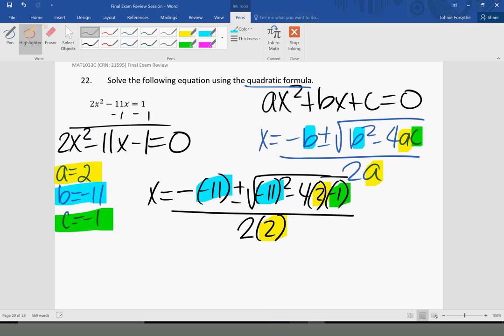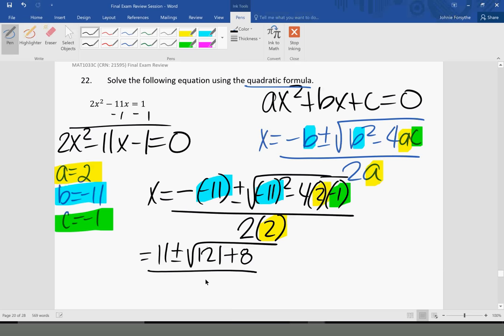Here we go. So now let's simplify this. So negative times negative 11 is positive 11, plus or minus. Negative 11 squared is 121. Negative 4 times 2 times negative 1 is positive 8, all divided by 4. So 121 plus 8 is 129.